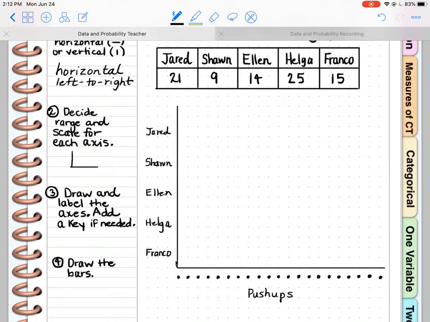So if it weren't for Miss Helga, we would be fine because we would have exactly enough dots to cover Jared's push-ups. We could do 21. But Helga has more than 21. And as much as I don't like this, this was on purpose. I'm going to have to scale this down so that I can fit everybody on one scale.